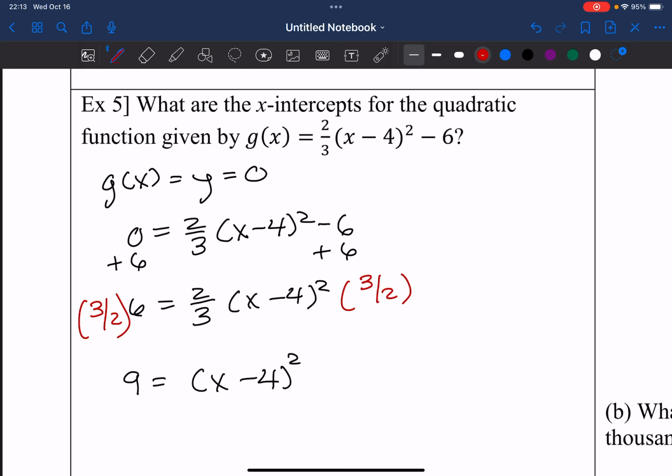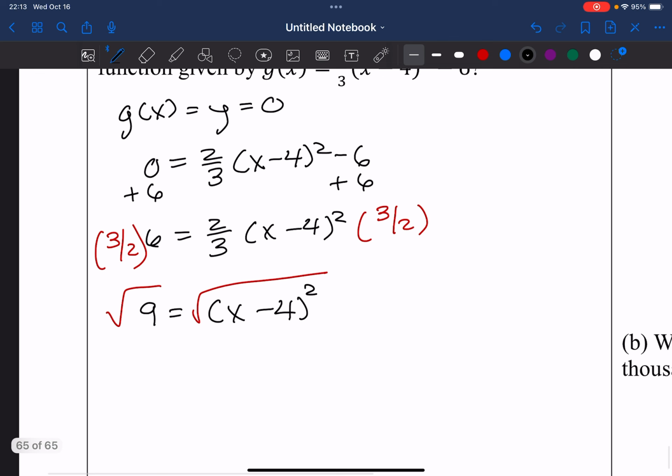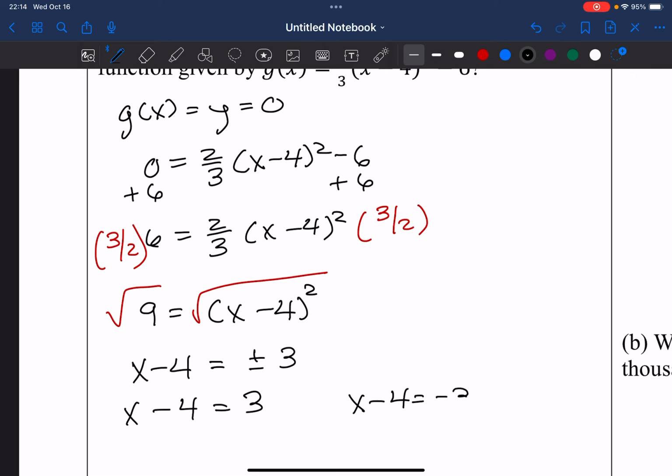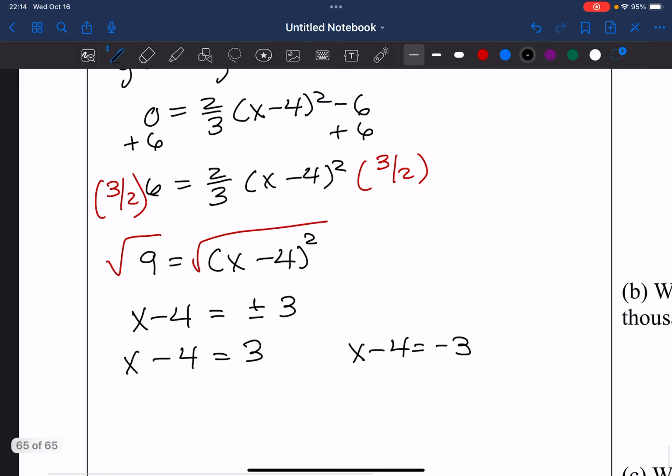I'm going to square root both sides to get rid of that square, and I get x minus 4 is equal to plus or minus 3. So that means I have x minus 4 is equal to 3, and x minus 4 is equal to negative 3. If I simplify each one and solve for x, I get x is equal to 7, and x is equal to 1.